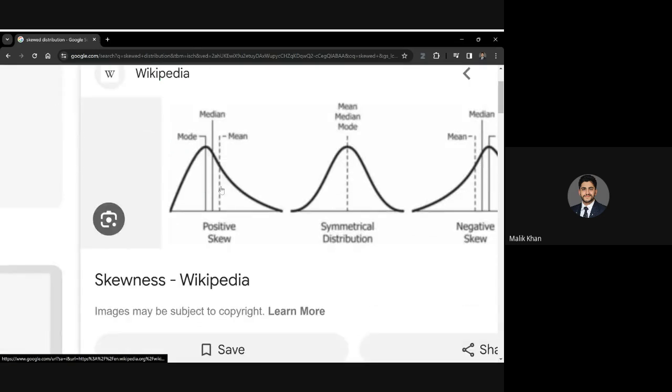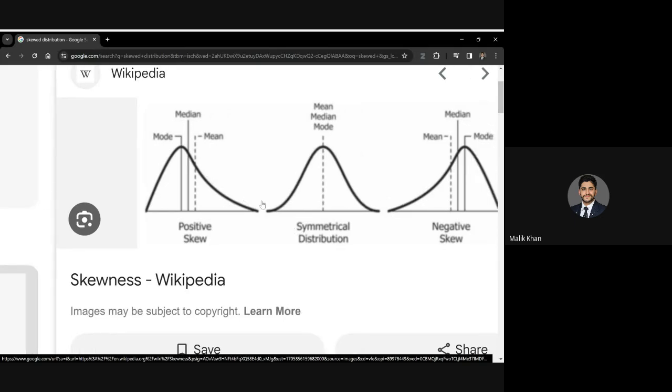Right skewed and left skewed are decided on the basis of the tail. Which tail is longer? If the right tail is longer, this is a right skew. If the left tail is longer, it's a left skew, or in other words, a negative skew. The right skew is a positive skew, because most of the data is towards the positive end. Here, most of the data is towards the negative end.